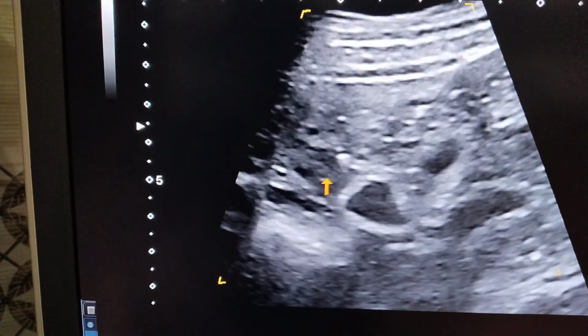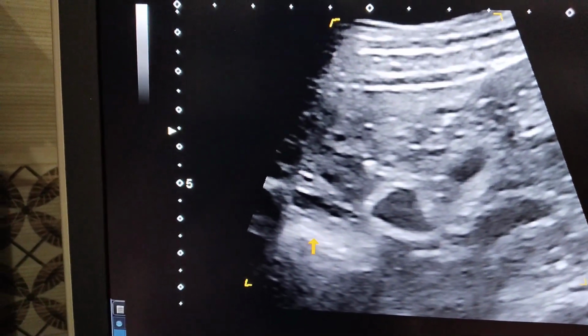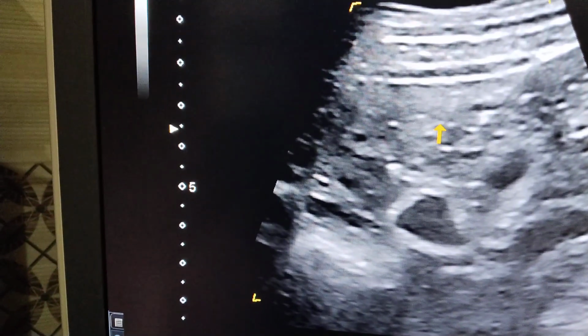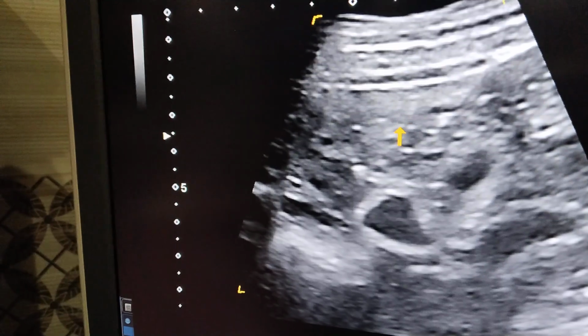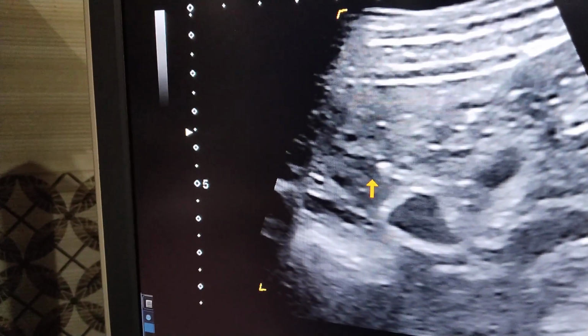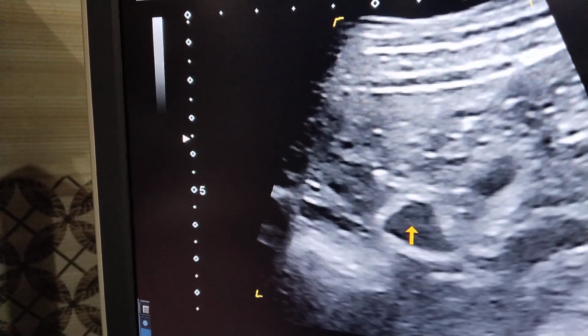Here we can appreciate this is the omentum and this is the gas filled bowel loops. The omentum is heterogeneous and we can appreciate the hypoechoic nodules.